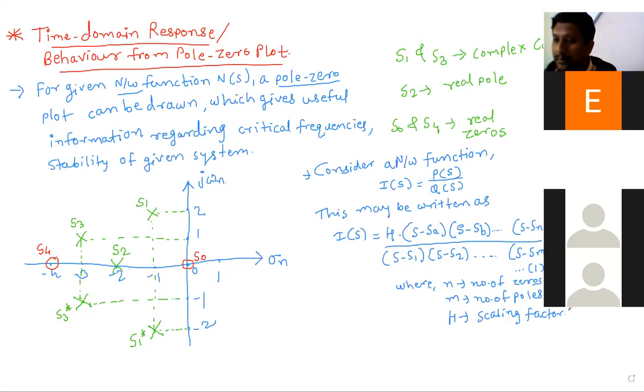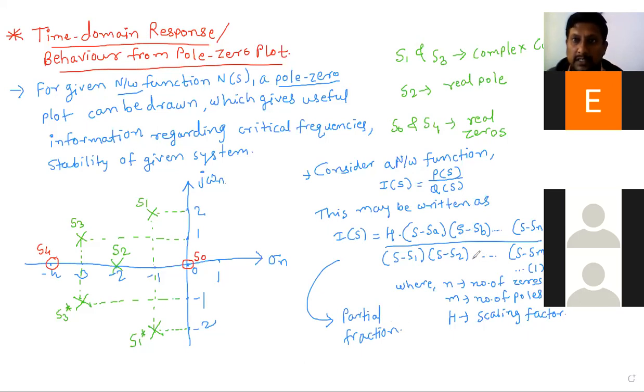Okay, now tell me, this is an equation where we have factors. So can we use partial fractions here? Who will tell what the partial fraction method is? Here S minus S1, S minus S2, there is multiplication of the poles.